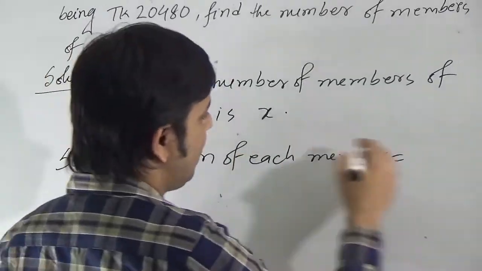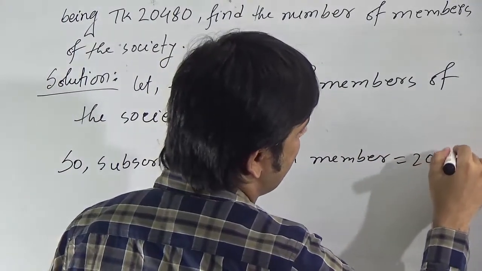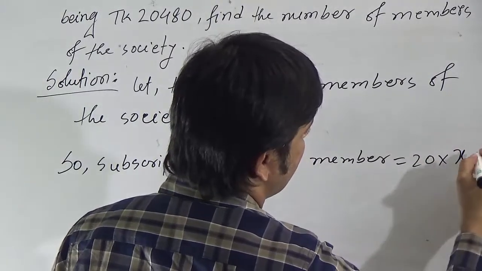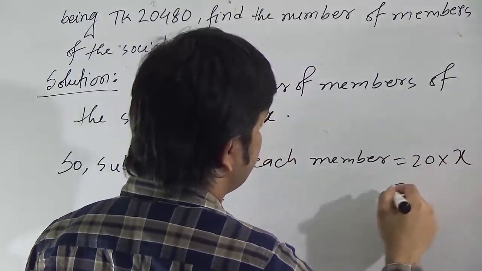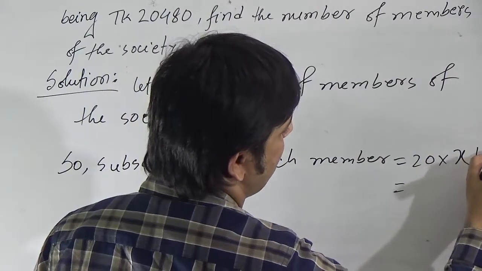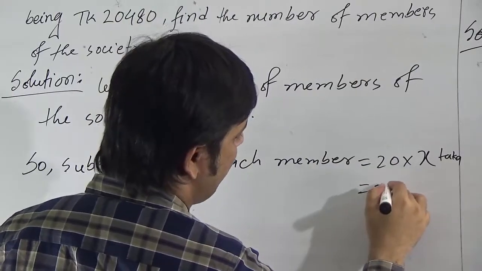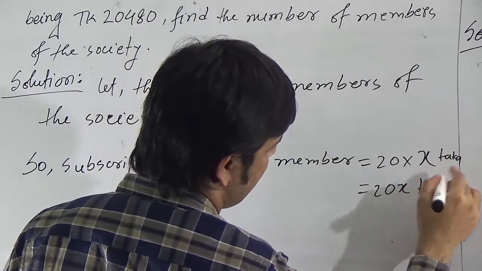So, we have to multiply X by 20. This will be in Taka, so we can write here Taka. It means that 20x Taka.